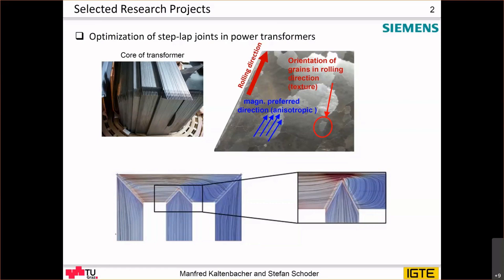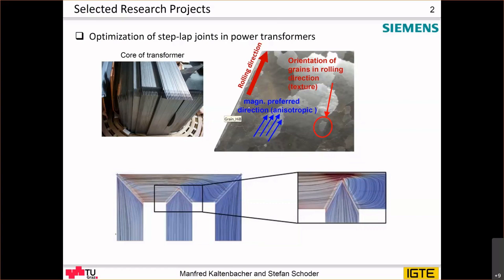And this is very complex there because the material itself is highly complex. So we have here a small part of a steel sheet, and in rolling direction you have the best performance. So there you have even a relative magnetic permeability of up to 10 to the power of 5, so incredibly high.